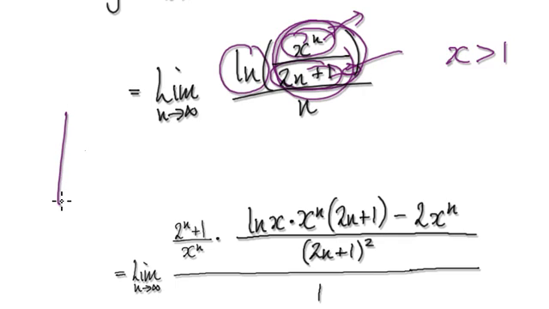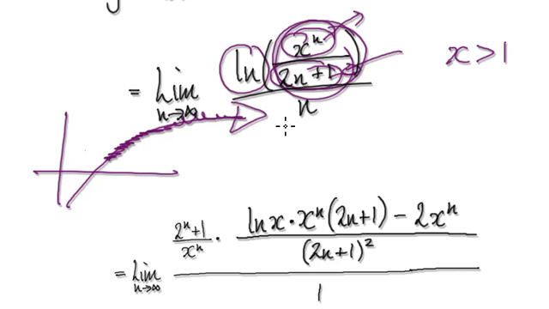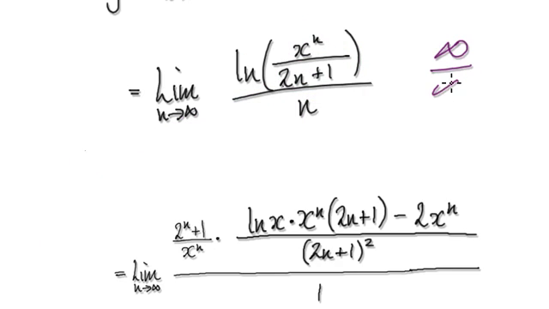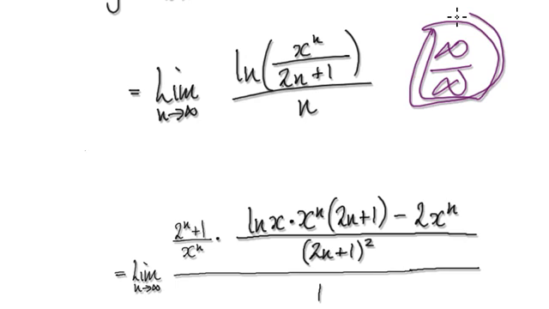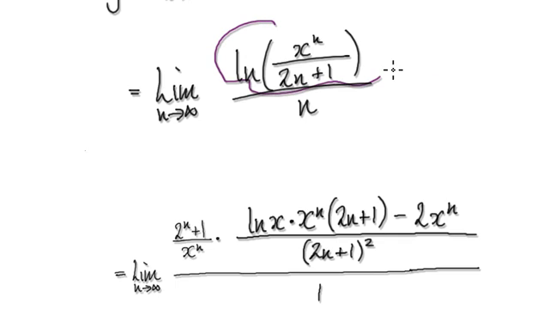Now, if you look at the natural log of something that gets bigger and bigger and bigger, you are heading towards infinity. So either way, you're going to get infinity over infinity, an indeterminate form, which means you can apply L'Hopital's rule.